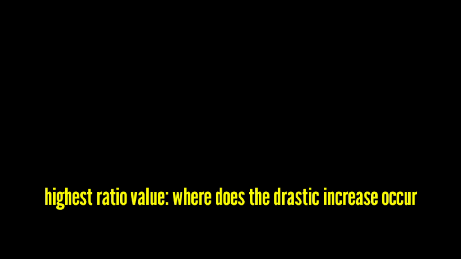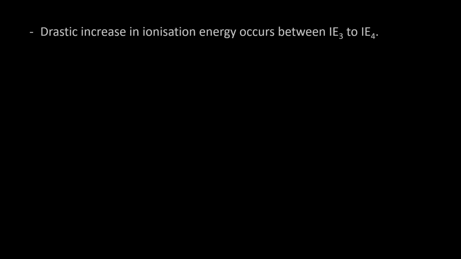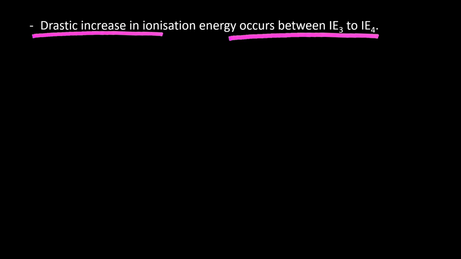The largest ratio value indicates where the drastic increase is. The largest ratio value we calculated was between the third ionization energy and the fourth ionization energy. Hence, the drastic increase occurs between the third and the fourth ionization energy.